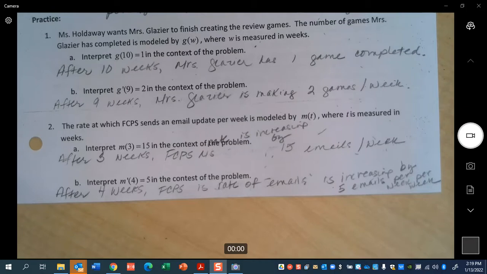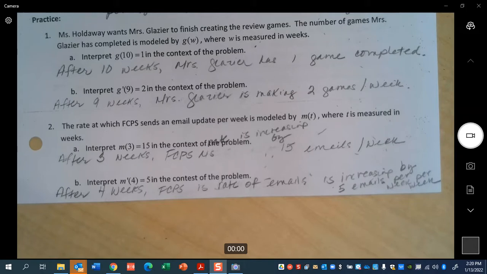Right, so on the basic level, Fairfax County is sending out emails. If the rate of change of the emails is 15, let's say week 1 they send 1 email, by week 2 it's going to be 15. By week 3, if that rate was constant, it would be 15 emails, 30 emails, 45 emails, and so on.